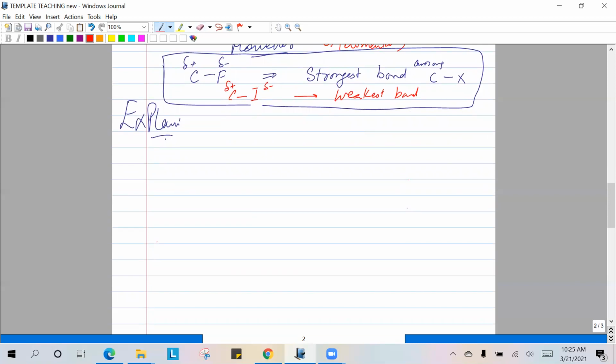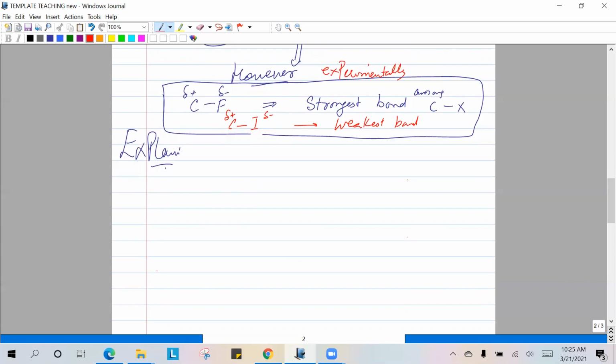So the simple reason is, when you say a strong bond, it means for the CF bond to break, the bond enthalpy is greater than the CI bond.